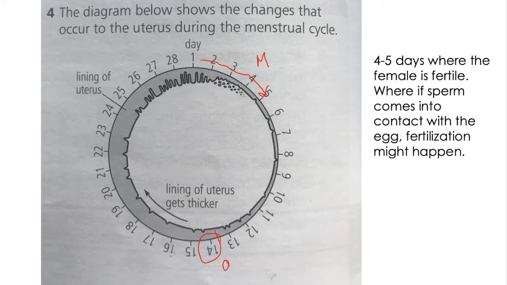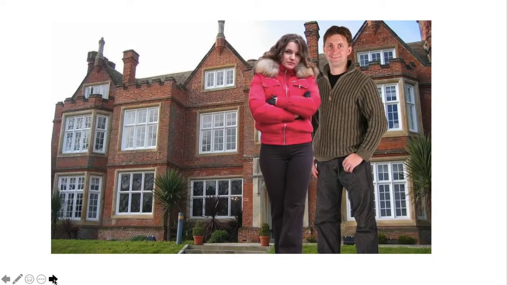So really, we only have this period within the month from 12 to 16 days, 4 days in the menstrual cycle where the female is fertile. If a female was to have sexual intercourse on any other day within the cycle, then it would be unlikely to result in a pregnancy.